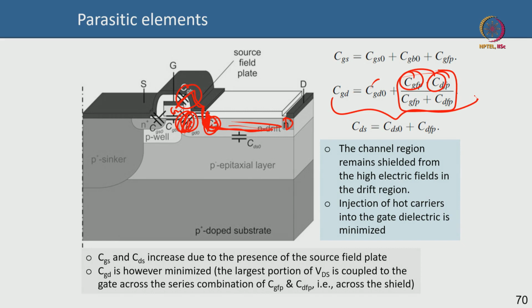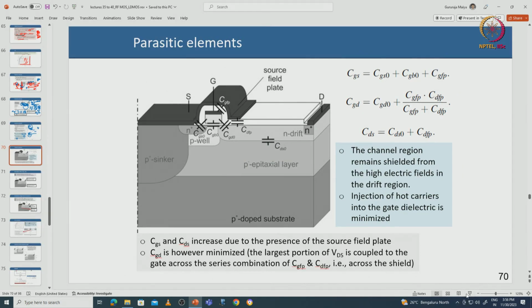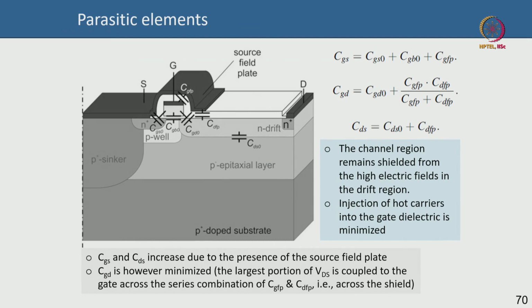And finally the drain source capacitance is this, which is the intrinsic drain and the p-type epitaxial layer capacitance, plus this. Why? Let me remove the annotation maybe. You see the drain, this entire thing is drain, the drain drift region, right. So the drain is coupling to the source, this is source by the way, through this, which is CDFP, and that is in parallel to the drain source capacitance. This is also connected to the source here.